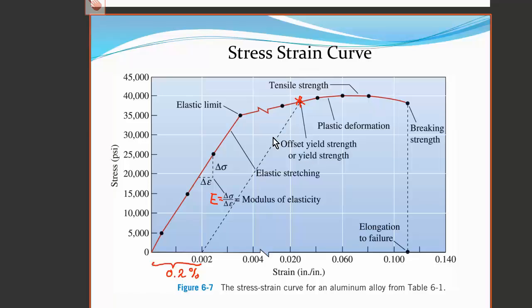This procedure is used because it's often very difficult to actually tell exactly when we go from a straight line behavior to a curve. And so this systematic technique is used to determine the point at which the material starts to yield. And this is called the yield strength.